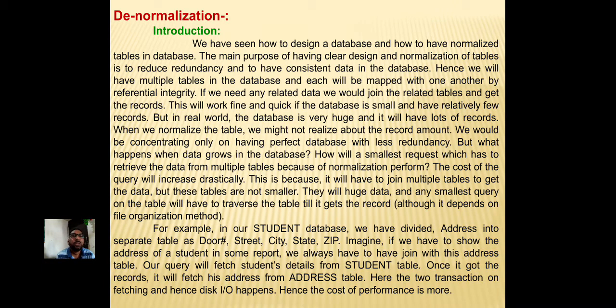Imagine if we have to show the address of a student in some report, we always have to join with this address table. Our query will fetch student details from the student table. Once it gets the records, it will fetch his address from the address table. Here two transactions on fetching happen, and this input output happens. Hence the performance cost is more.